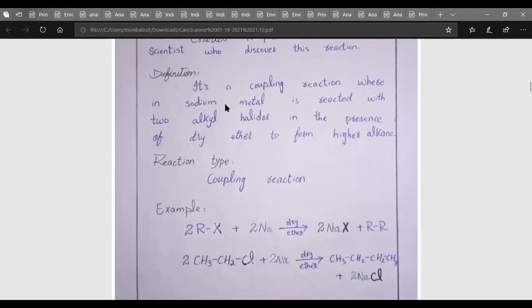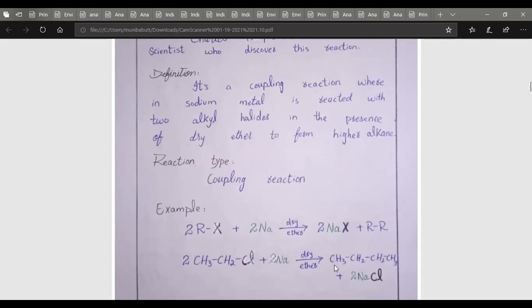In the definition, we discussed that we form a higher alkane when two alkyl halides react. So these are ethyl chloride. Ethyl means the alkyl group which contains two carbon atoms.